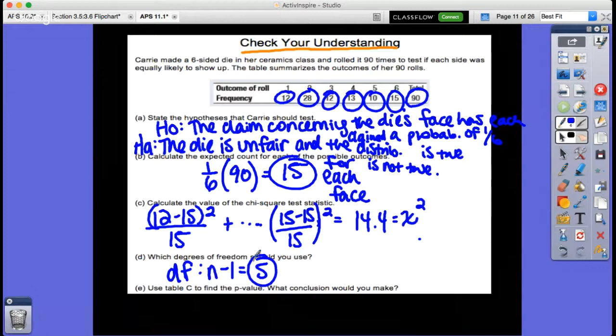The last one is a little weird because now we've got to use table C to find the p-value. And when we go to table C, we use our degrees of freedom.